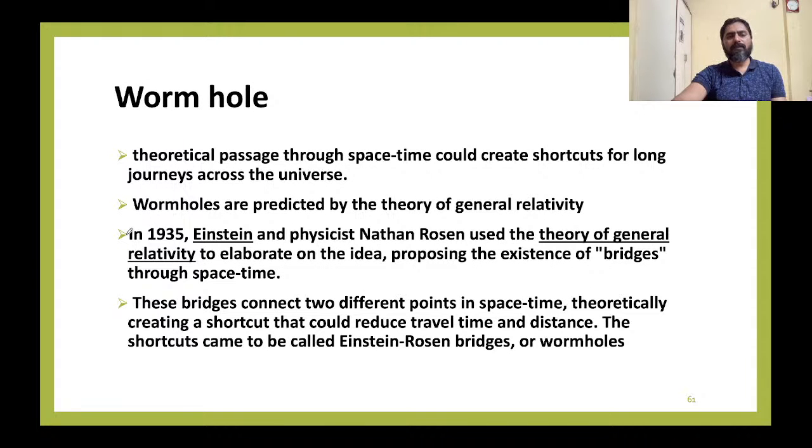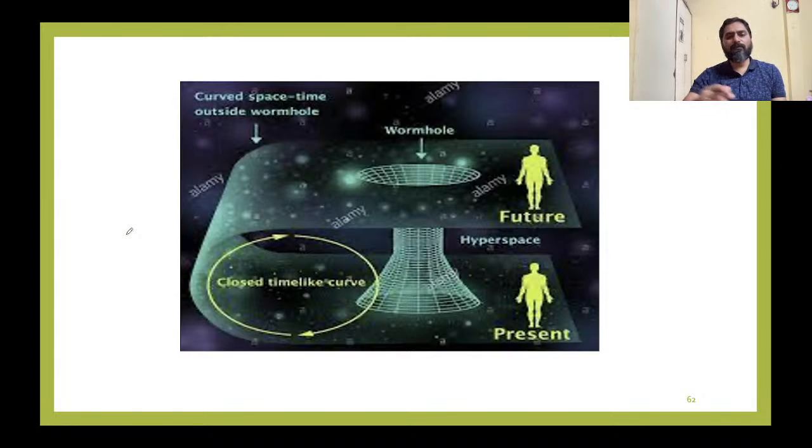So what is this wormhole? The idea of wormhole is that your space-time matrix is curved in such a way. In this diagram you can see that this is the space-time matrix, and everything is curved in such a way that there are some bridges that are formed. Can you see the bridges here? If we travel through these bridges, then we can do short travel, or essentially what is known as time travel.